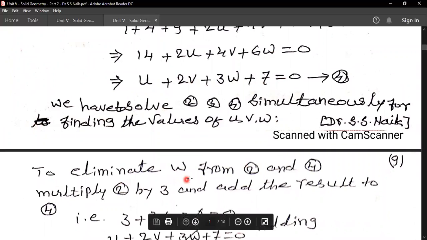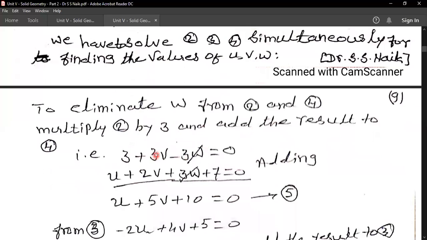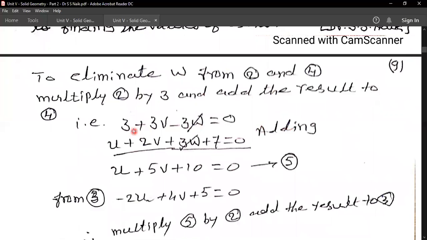Now to eliminate w from 2 and 4, this is equation number 4, and from equation number 2 we have to multiply equation number 2 by 3 and add to equation number 4, that is 3 plus 3v minus 3w is equal to 0. That is taken from equation number 2 and multiplying that equation by 3.